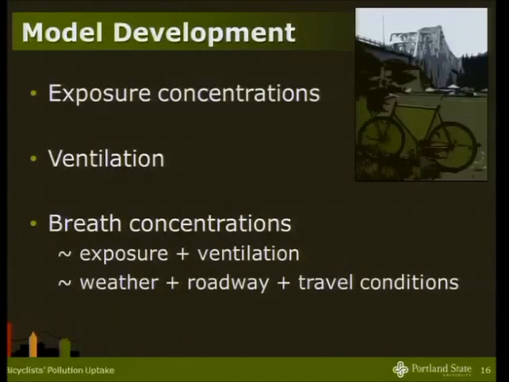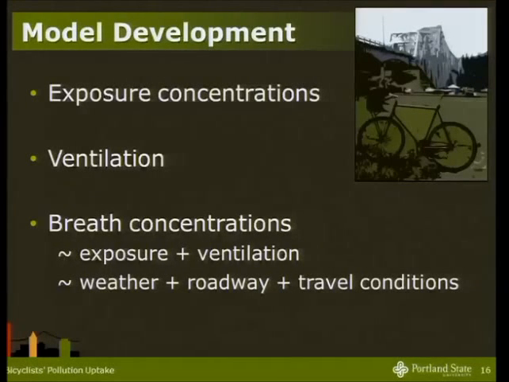And then once we collected all that data, the next step was model development. So we developed a series of models, starting with exposure concentrations as a function of roadway, travel, and weather conditions. And then the next step was modeling ventilation rates as a function of energy expenditure or power output while bicycling. And then the third step, the most ambitious piece of the modeling, was to model breath concentrations.